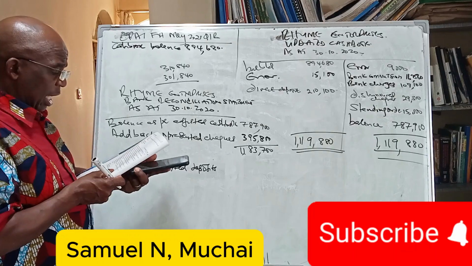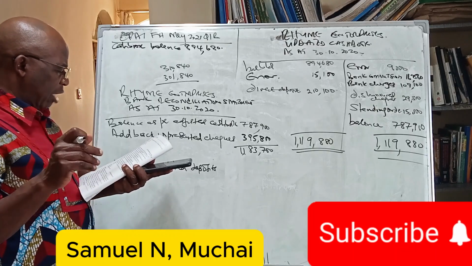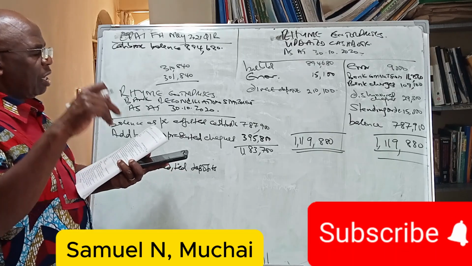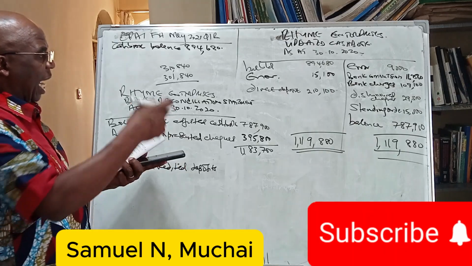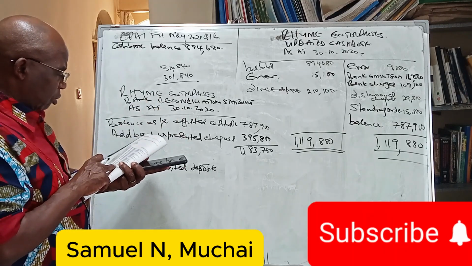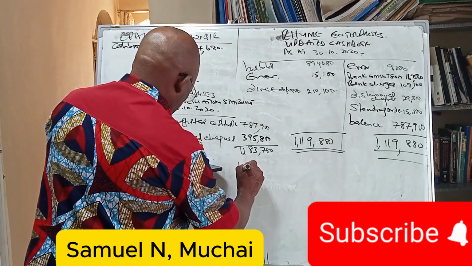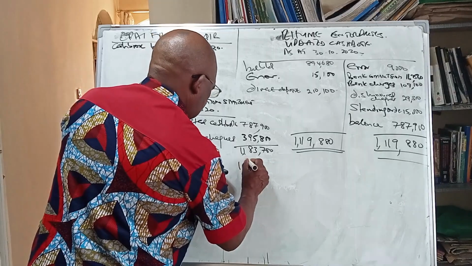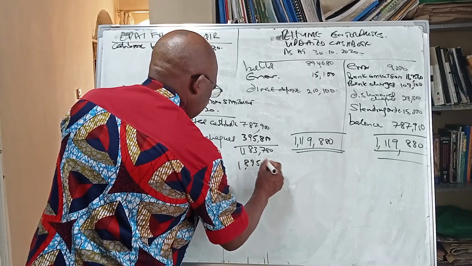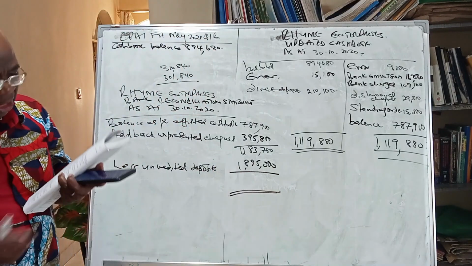This amount was recorded in the cash book, but was updated in the bank statement on 2nd of November 2020. So the bank did not update until the following month. So because we had added, we subtract 1,895,000.